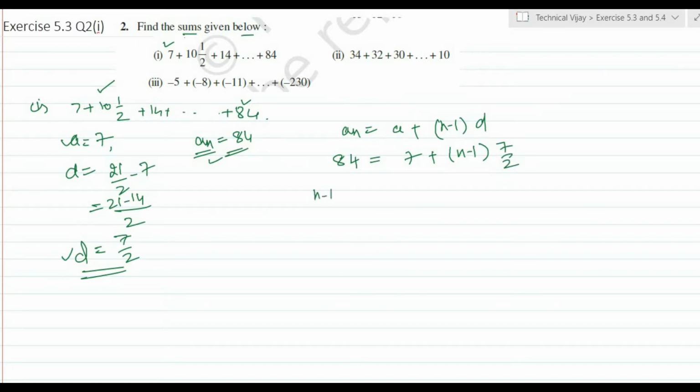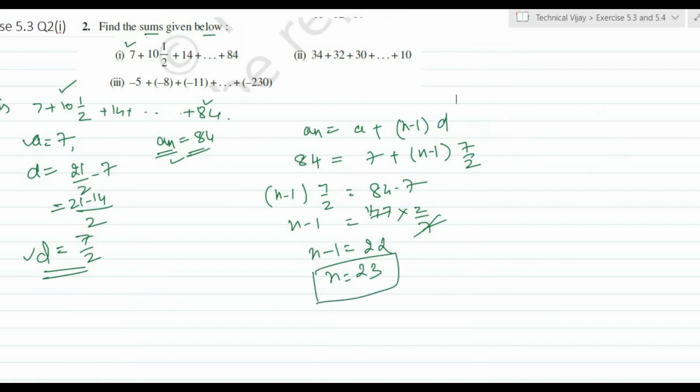So n minus 1 into 7 by 2 is equal to 84 minus 7. So n minus 1 is equal to 84 minus 7 means here 77, into 7 by 2 will become 2 by 7. So 7 1s are 7, 11s are 77. So n minus 1 is equal to 11 into 2, 22. So n is equal to 23. So we got the n value.